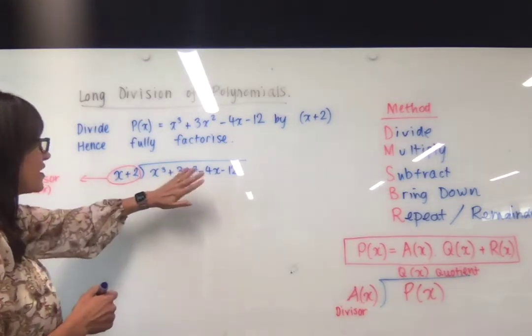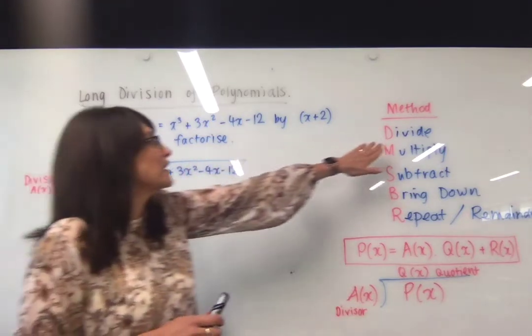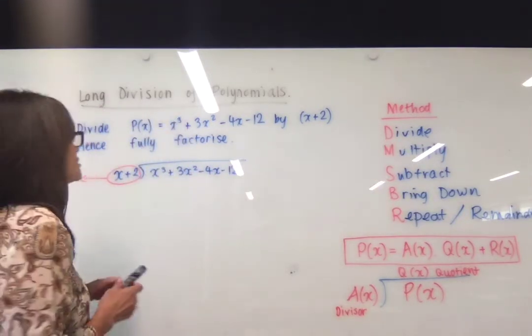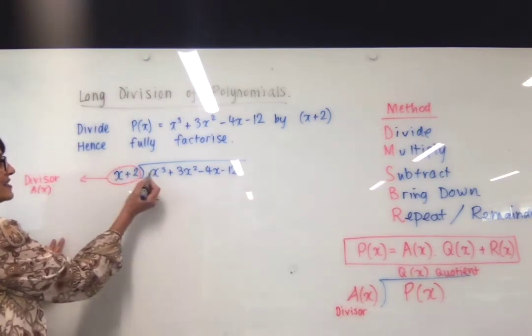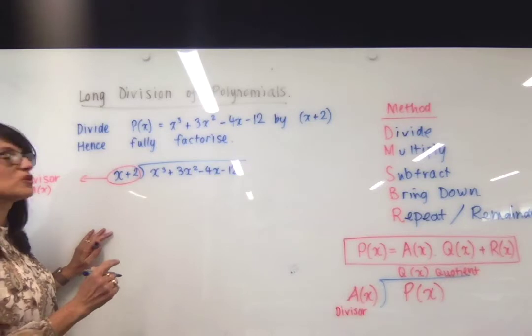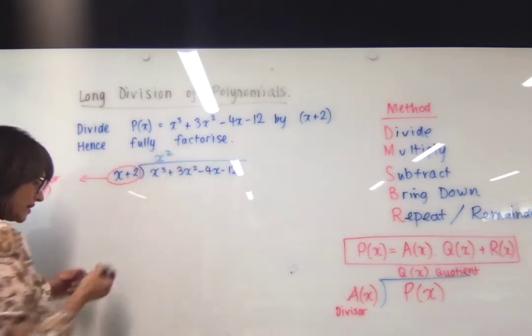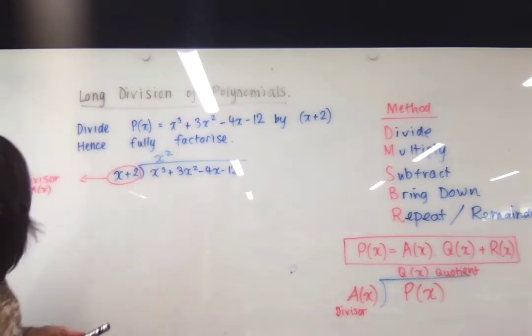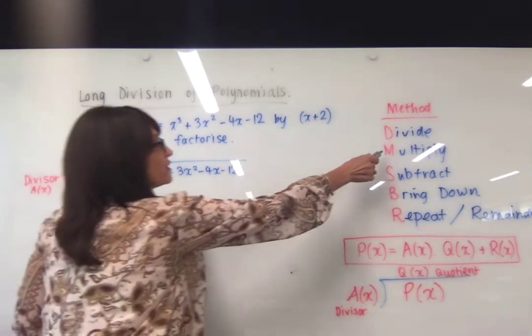Okay, so let's divide this polynomial by x plus 2, and the way we do that is we've got to follow these steps. So the first step is to divide, so x cubed divided by x. How many times does x go into x cubed? And that goes in x squared times. Then our next step is we're going to multiply.